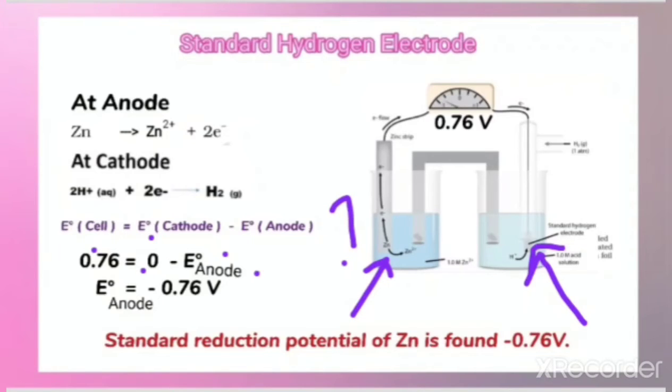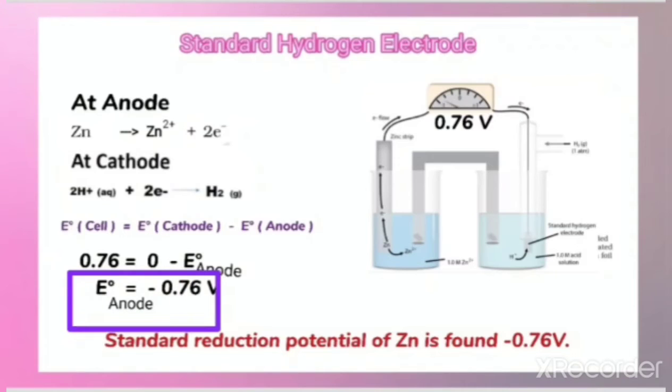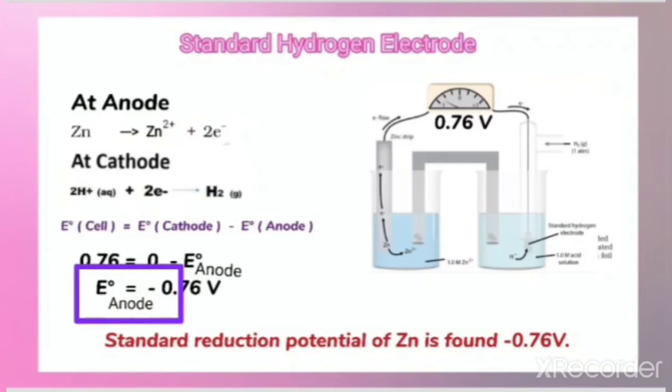So we are finding out E naught anode here. We get the value, that is E naught anode is equal to minus 0.76. This is the reduction potential value of zinc, which we have found in reference with the standard hydrogen electrode, that is minus 0.76 volt.